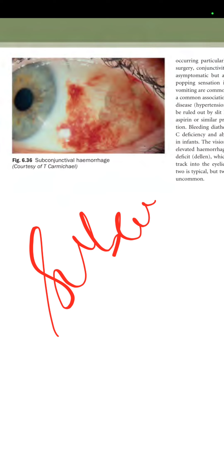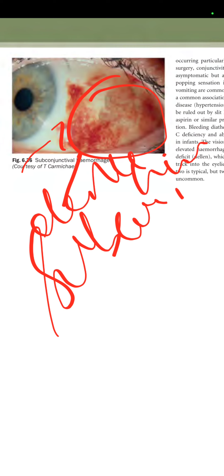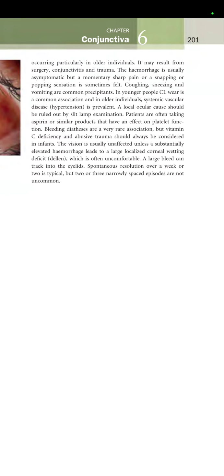Subconjunctival hemorrhage is basically a hemorrhage that occurs in the subconjunctiva, and you can see that it is a very dark hemorrhage in the conjunctiva. It can be idiopathic, and there are certain precipitants. It can be asymptomatic, and the patient just notices redness in his or her eyes.